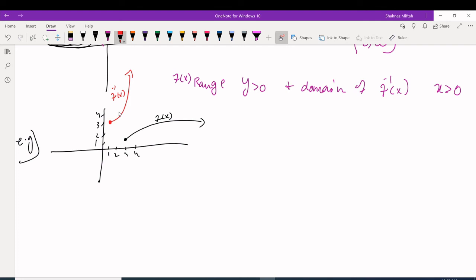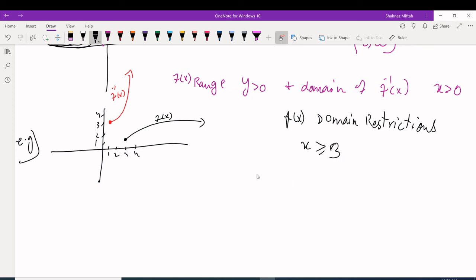Okay, so the question is asking, what are the domain restrictions for f of x, or you can say what is the domain. So the domain for f of x is starting with 3 and going to infinity. So I'm going to say that x is greater than or equal to 3.